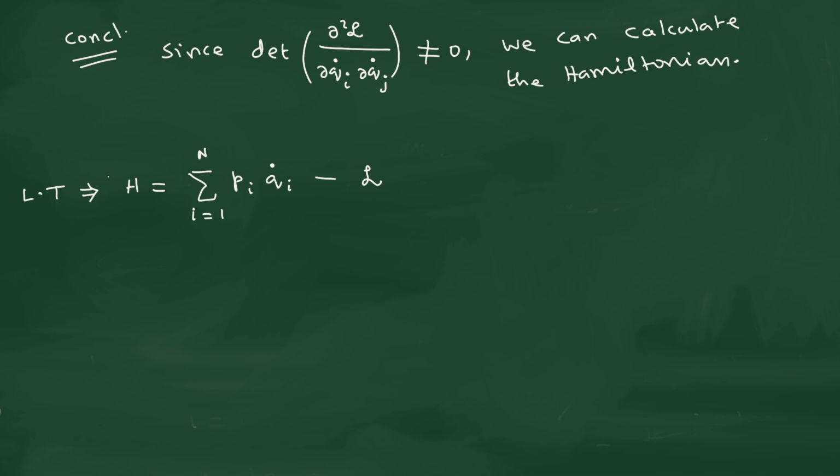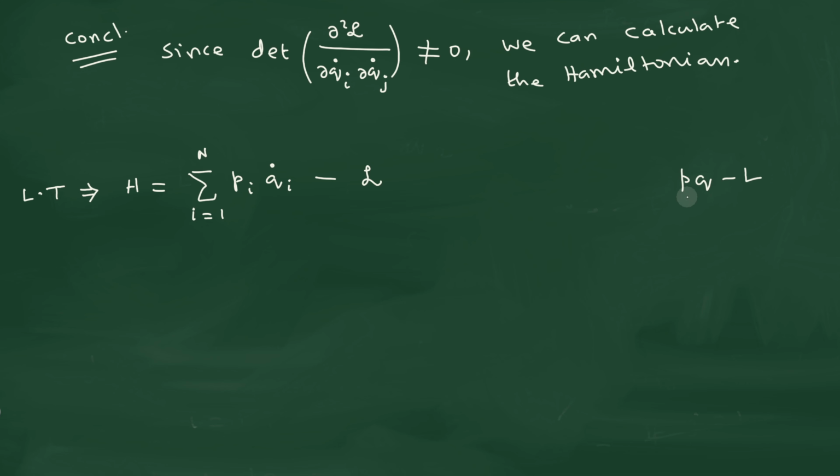This is the standard definition of the Legendre transformation. The summation is important whenever you have more than 1 degree of freedom. If it is only 1 degree of freedom, summation is not required. You can simply write down PQ minus L.